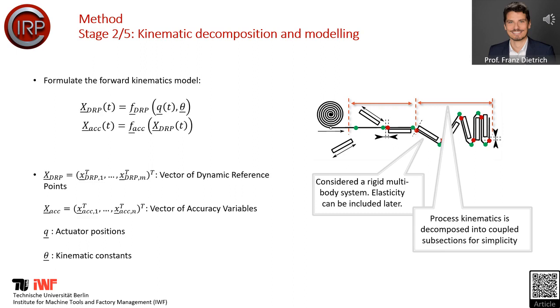Then the kinematic model is developed for each of these sections so that the dynamic reference points are outputs of this model and the inputs are the actuator locations and the tunable parameters here denoted as theta. The second equation, XACC, denotes the position of the accuracy variables that have been defined initially, and it is built on top of the dynamic reference points.